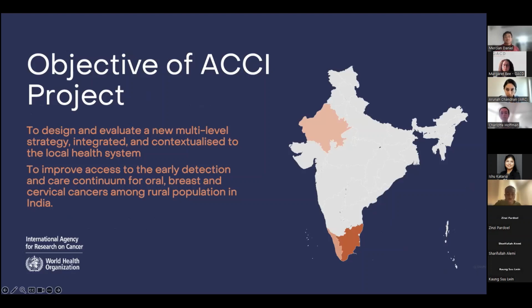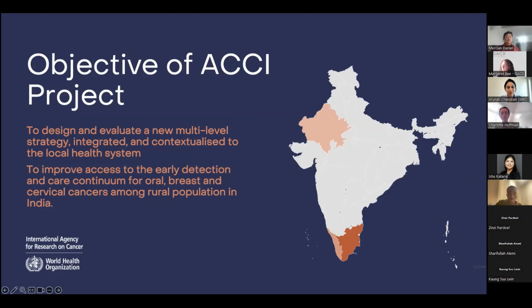And this implementation research focuses on 3 states in India: 2 southern states, Kerala and Tamil Nadu, and 1 northern state, Rajasthan, which provides very different but somewhat comparative implementation ecosystems.